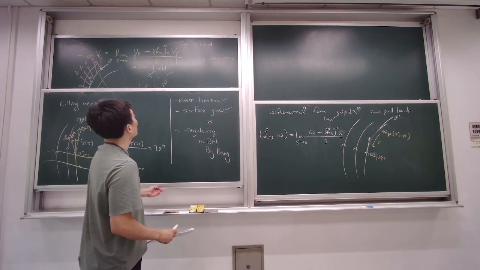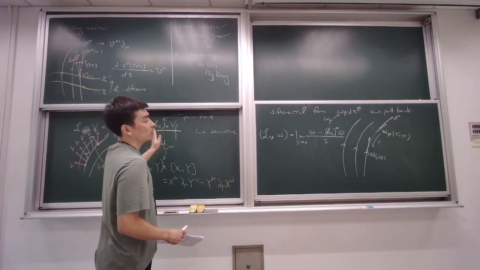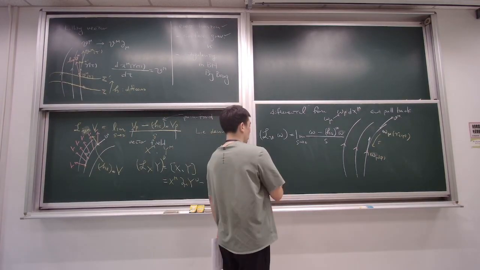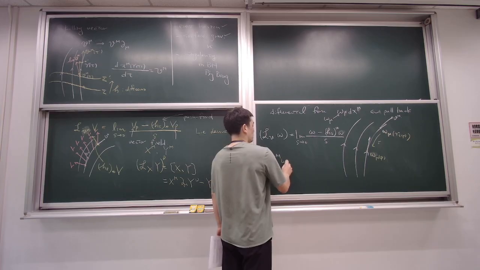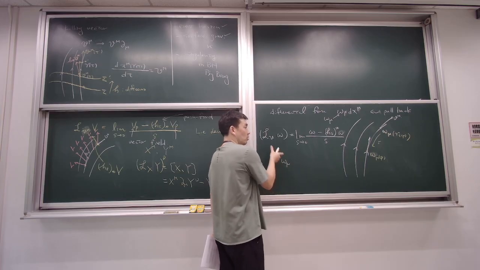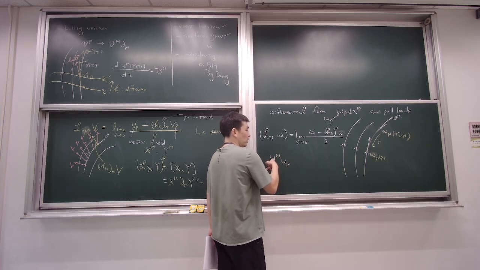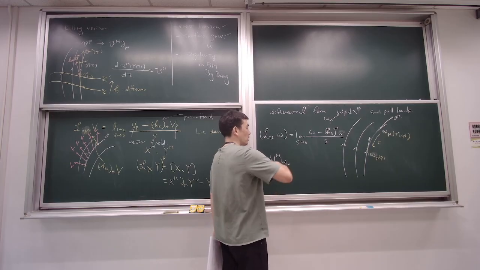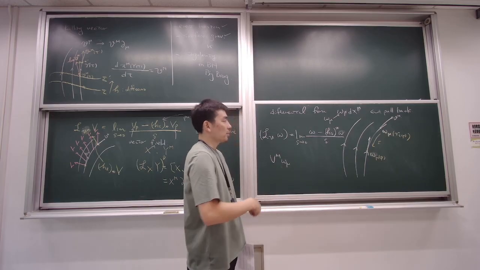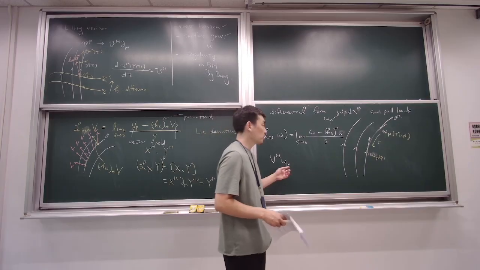It's just the opposite procedure, because v^μ and ω_μ can be contracted. Therefore, if you push forward this one, you have to pull back that one. So it becomes the opposite process for differential forms.